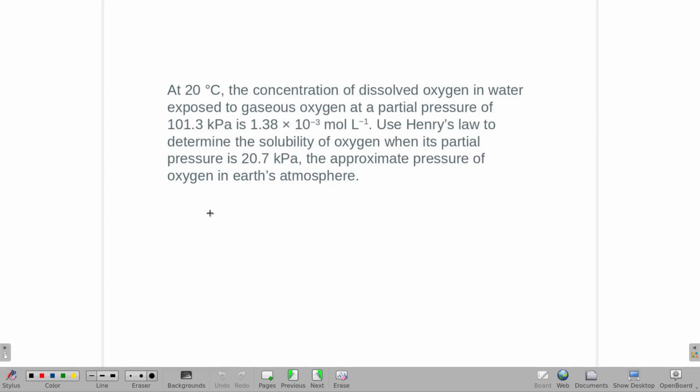Okay, so we are going to use Henry's law on that first set of data to get the K for oxygen. So our concentration is 1.38 times 10 to the negative third. I'm going to change that to molarity. We're going to solve for K. And then our pressure, it's talking about 101.3 kilopascals.